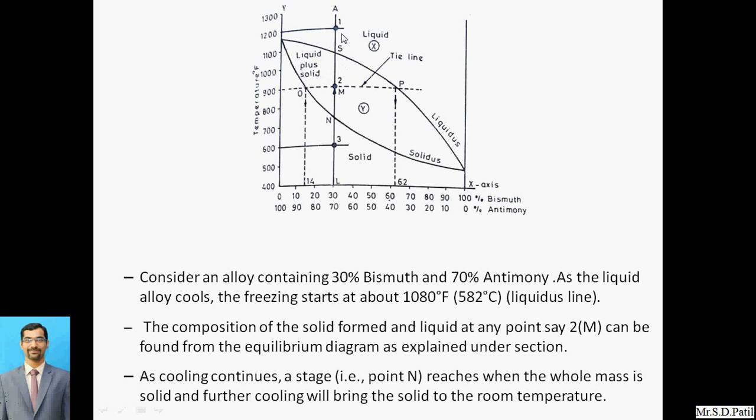Now this particular diagram we have intersected with one line, that is 1A to L. This line we have drawn, and we have plotted 2-3 points on this: for 1200 degrees Celsius the first point, for 900 degrees Celsius the second point, for 600 degrees Celsius the third point.